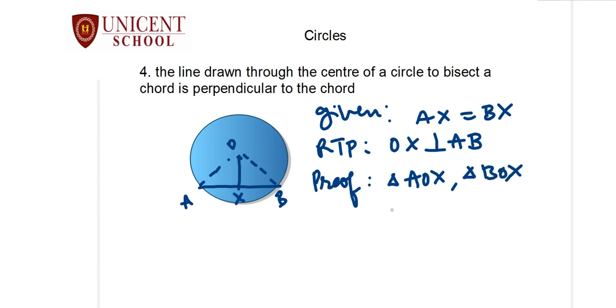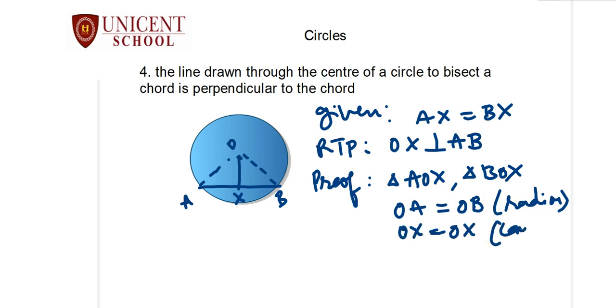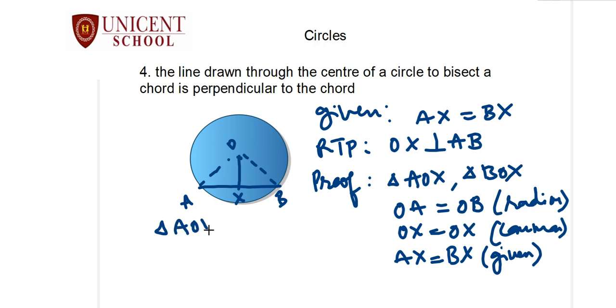Now, if we compare these two triangles, OA is equal to OB, which forms the radius, and OX is common for both the triangles, and we know that AX is equal to BX. This is already given. Now, according to which congruency rule? SSS, because we got these three parts of the triangles equal, that is sides.